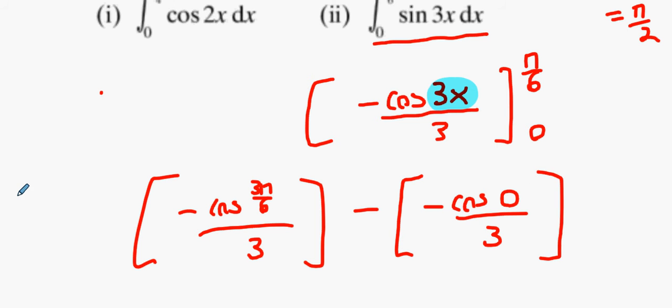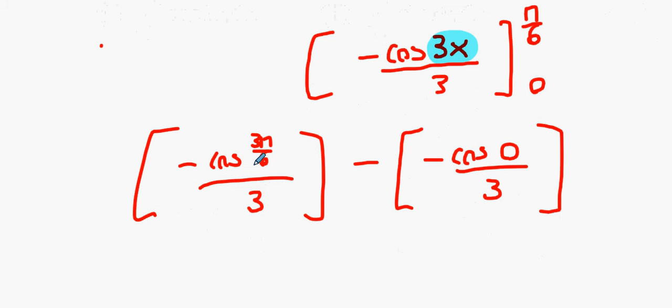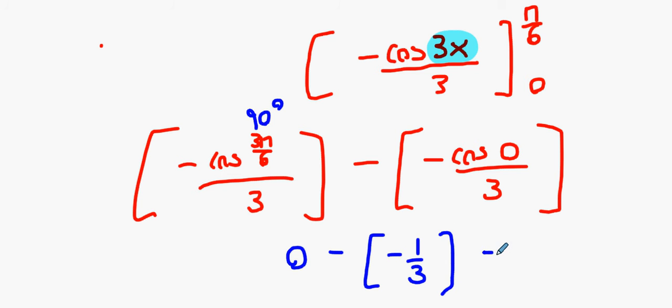Now, to my knowledge, cos 90 is 0. That's cos 90 degrees. Enter into your calculator, you get 0. And what's cos 0? Cos 0 is 1. What's minus a third? Plus a third. We cool with that?